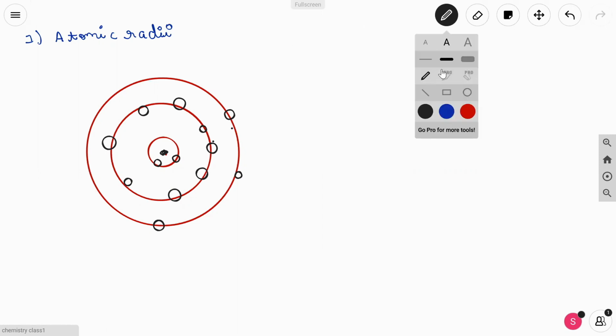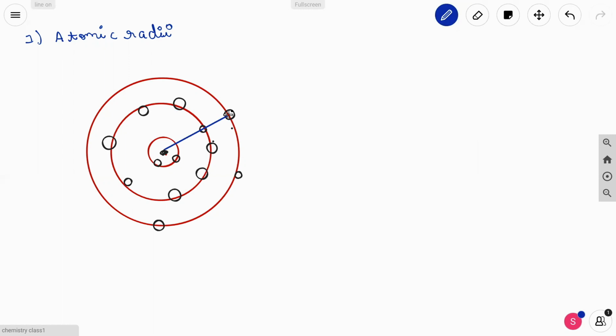So suppose this is the distance between the valence electron and the nucleus, and we take it as r. The force on the electron by the nucleus is given like this. We learned gravitational force: F equals G m1 m2 by r square.